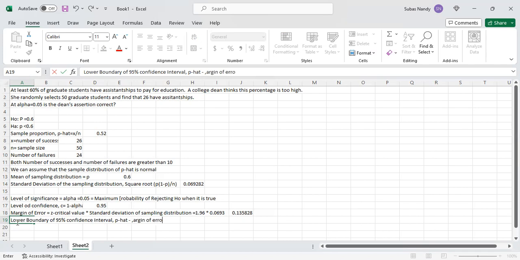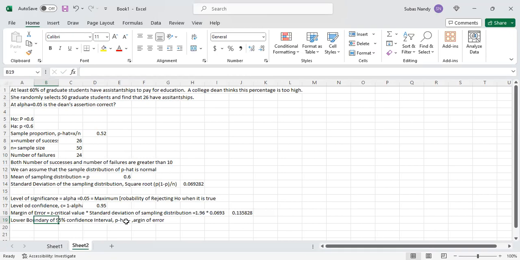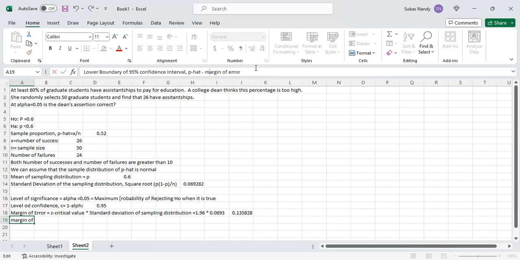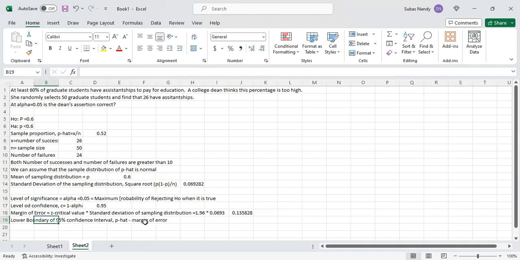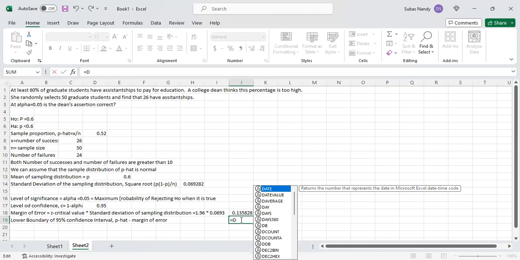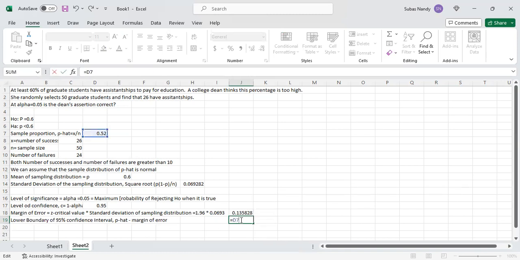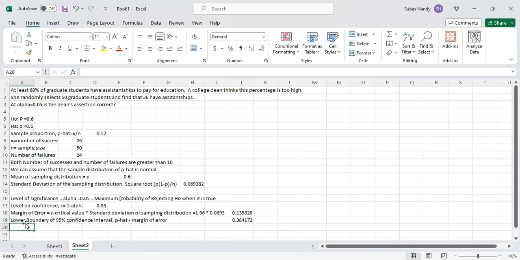So that will be equal to P hat, which I've calculated in cell D7, equal to D7, minus my margin of error, which I have calculated in cell J18. Okay, so this is the lower boundary.